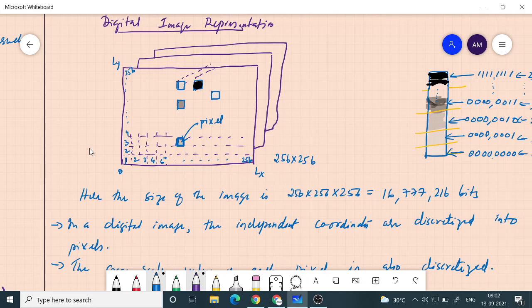This is red, then green, then blue. So there will be a blue intensity for the pixel. If you take any pixel, it will have a red intensity.